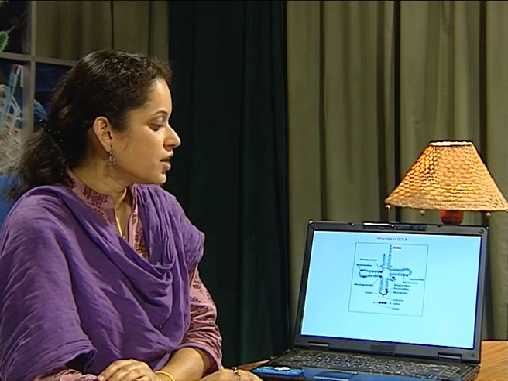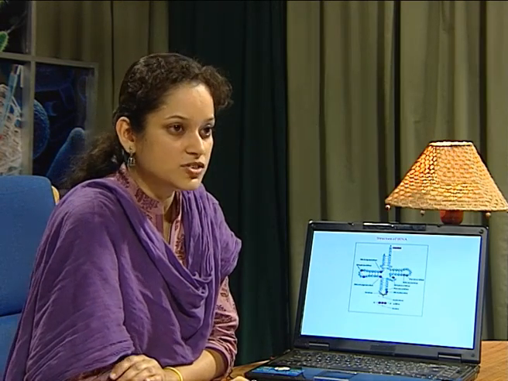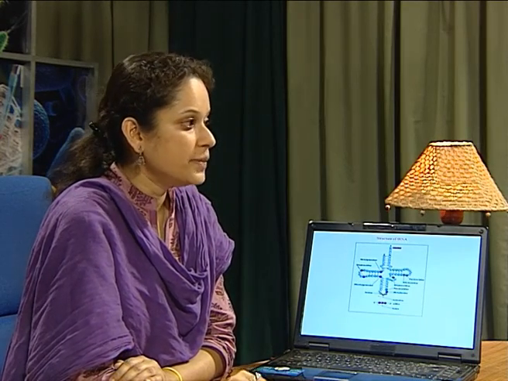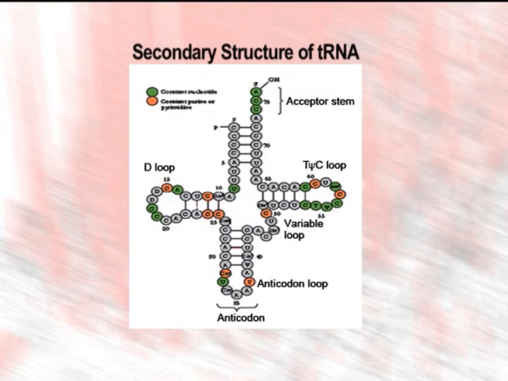Now let us move to the secondary structure of tRNA. How does the secondary structure of tRNA look like? It forms four main stem base or stem loop regions. The first stem loop region is known as the acceptor arm, and it accepts the amino acids through the CCA terminus, which is followed by a D loop.